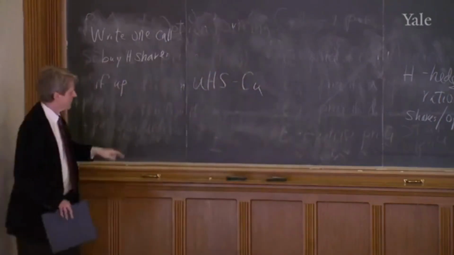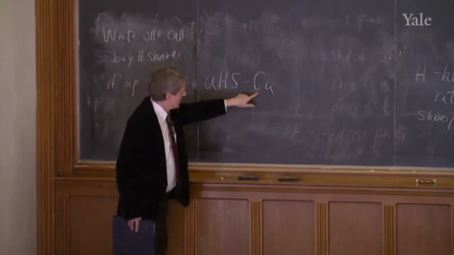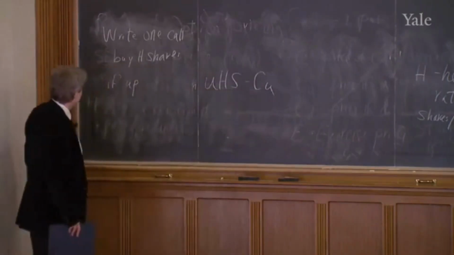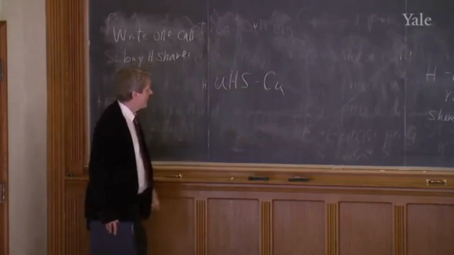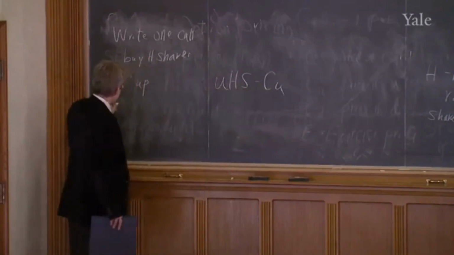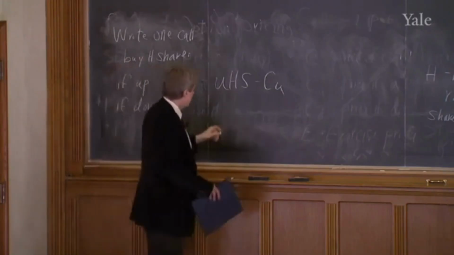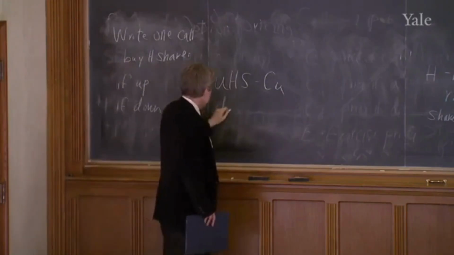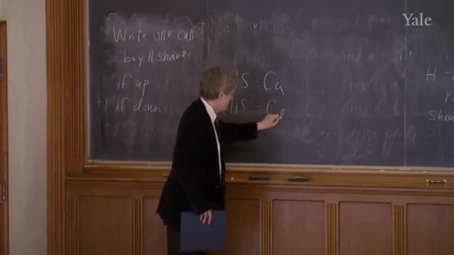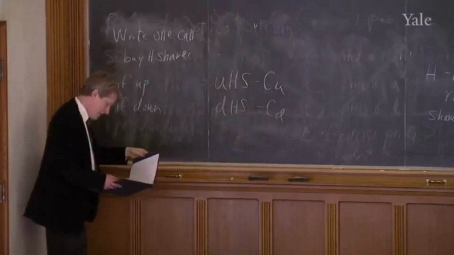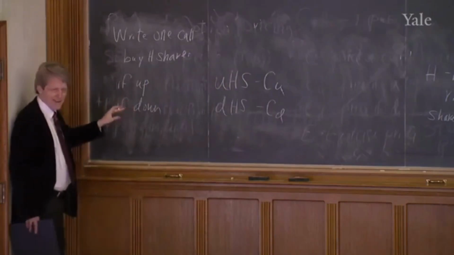Because the share price goes from S to US, and I've got H shares, and I've written a call, so I have to pay C_U. If it's down, then my portfolio is DHS minus C_D. Okay? This is simple enough.